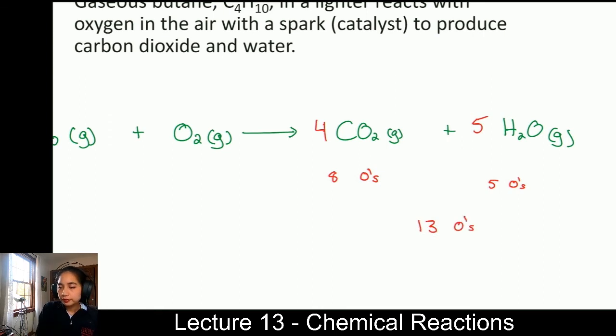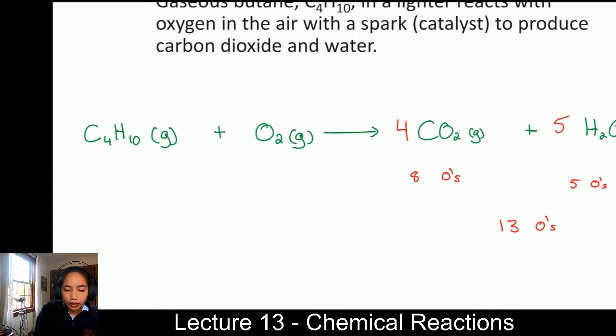All right? So if we look at the reactant side, we need to have 13 oxygens on the reactant side as well. So to get 13 oxygens, we actually need, since oxygen gas, the molecule comes in a pair of 2, we need 13 divided by 2 oxygen molecules.